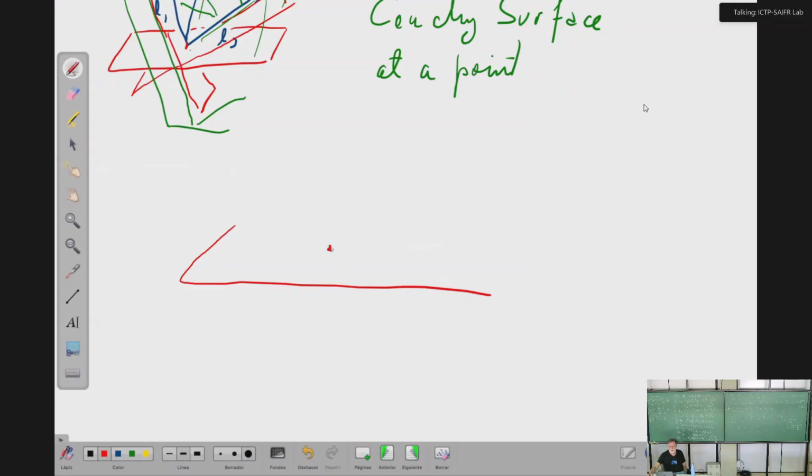So the signals are going to propagate at speeds less than the speed of the system, which comes from the characteristics.